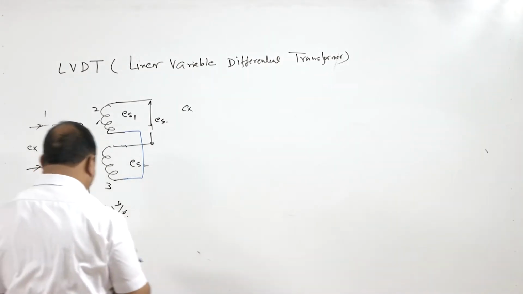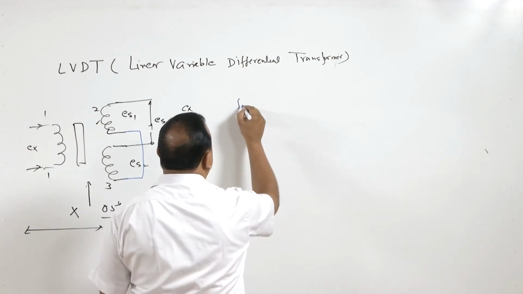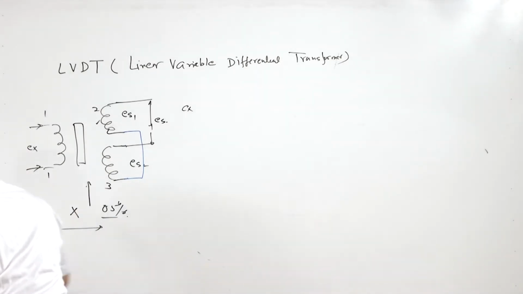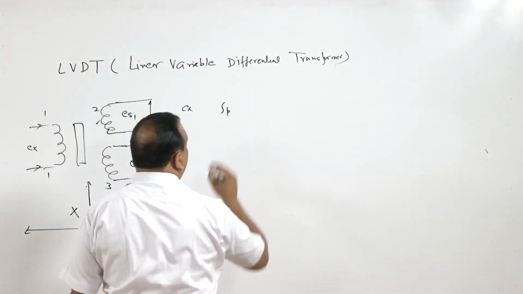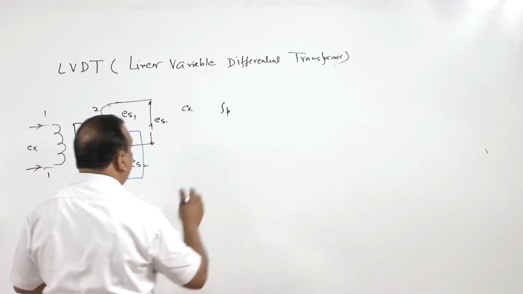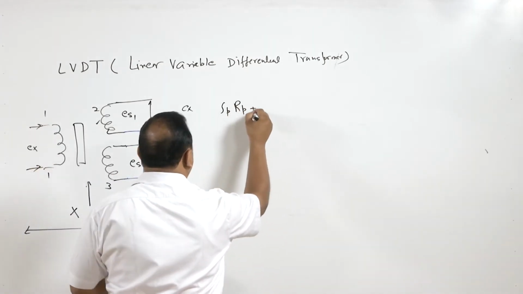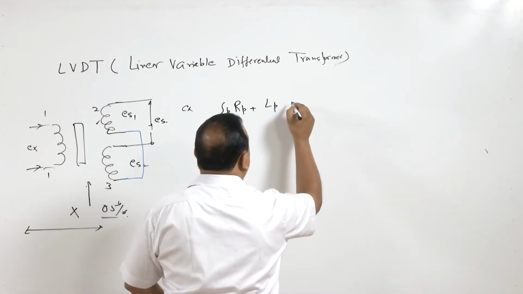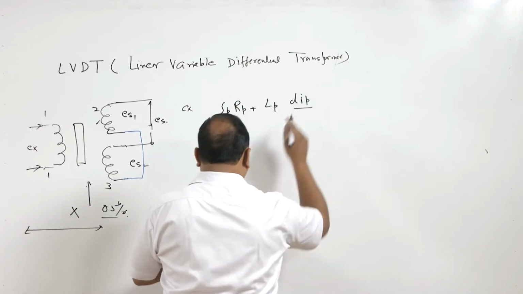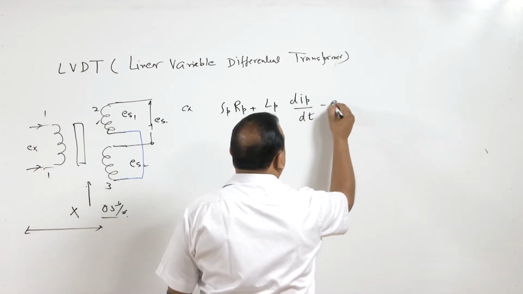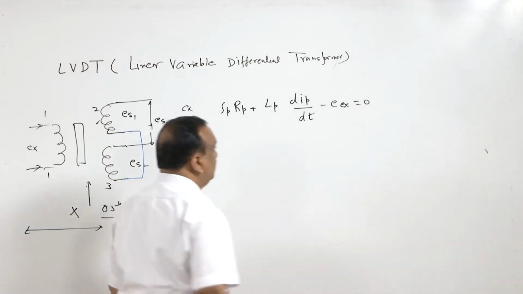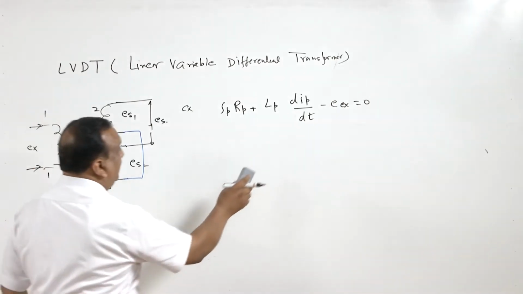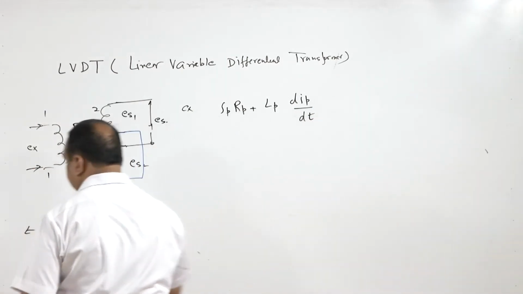For the primary, it is going to be the current in the primary coil multiplied by the resistance of the primary coil, plus the self-inductance of the primary coil times the derivative of the current with respect to time, minus the excitation, equal to 0. Now here, the excitation voltage we can take to the right hand side.